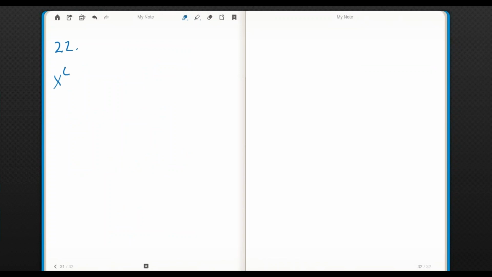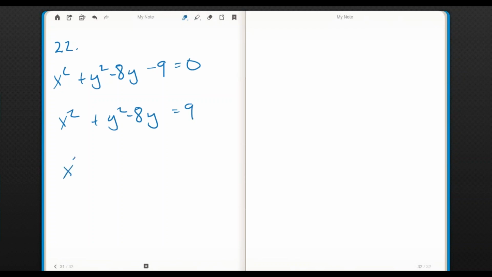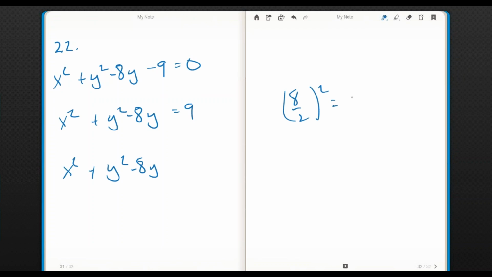Number 22, x squared plus y squared minus 8y minus 9 equals 0. Move the 9 over. Complete the square with the y. 8 divided by 2 is 4. 4 squared is 16.